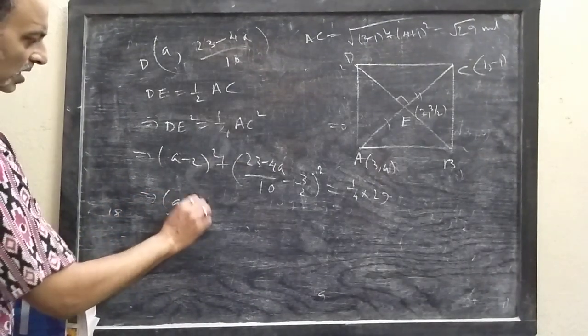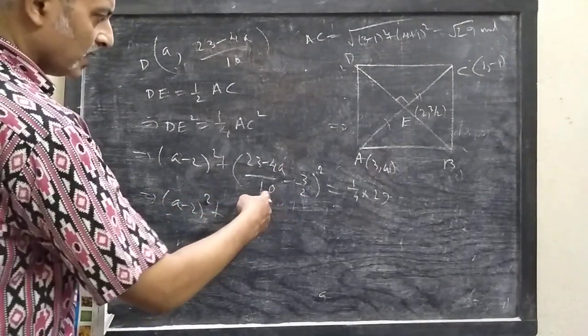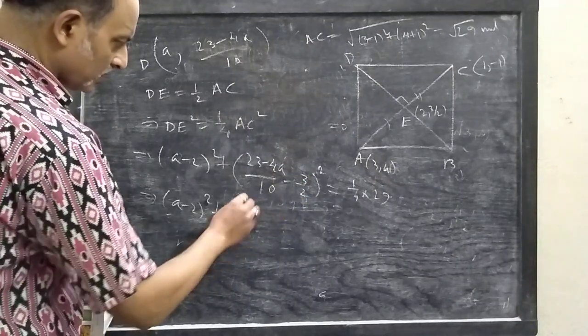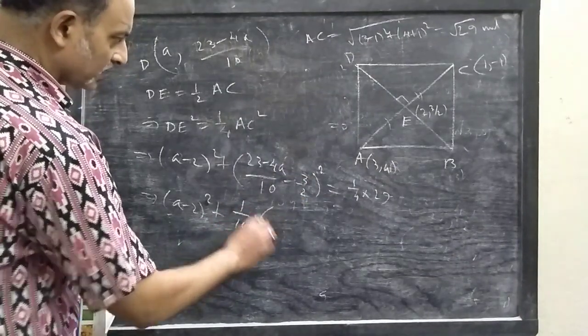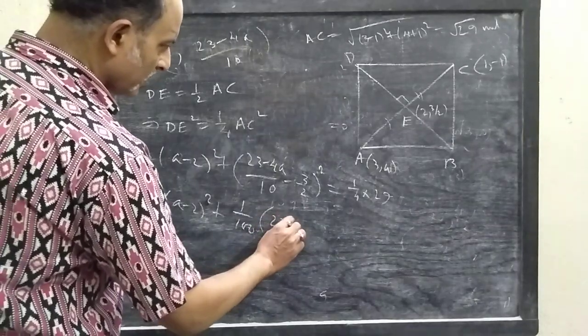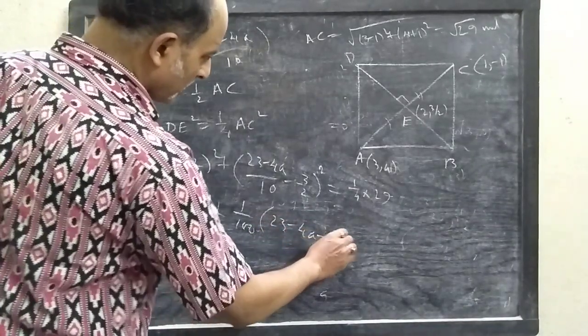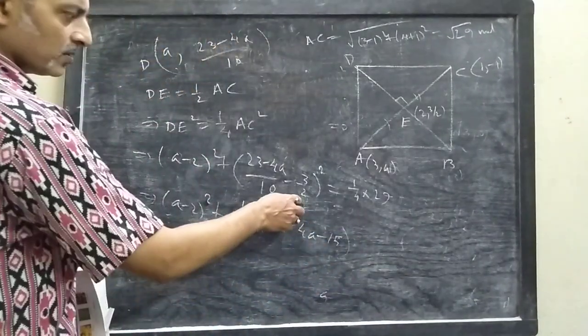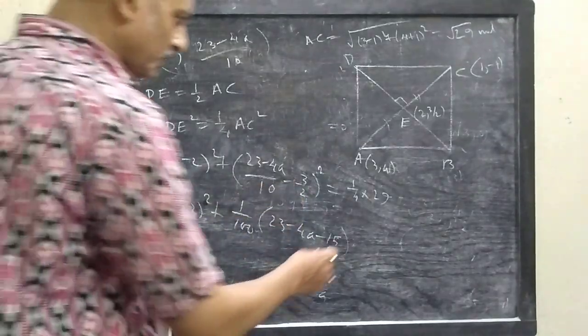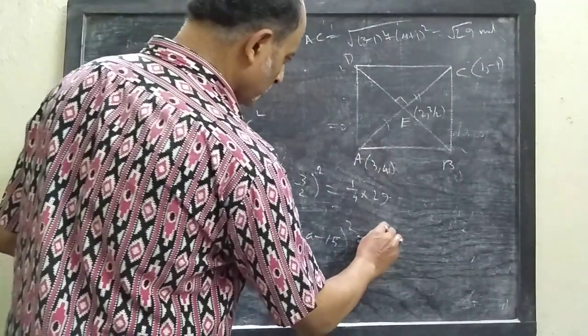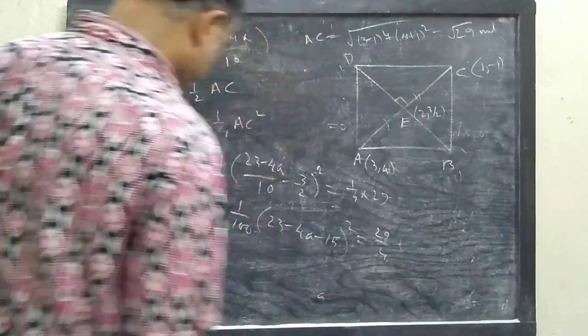This is (a minus 2) whole square plus, take 10 common outside, so this becomes 1 by 100. This will become (23 minus 4a minus 15) whole square equals to 29 by 4. Why 15? 5 into 3, 15.